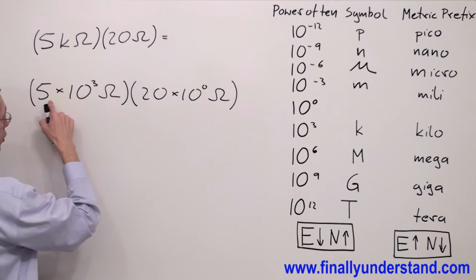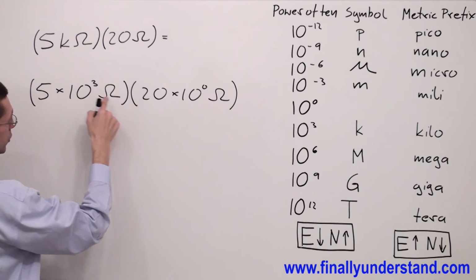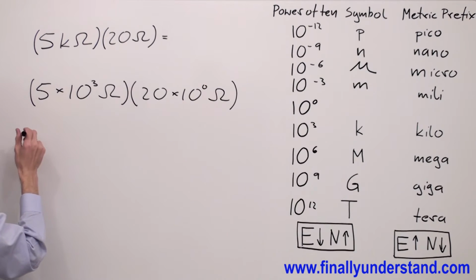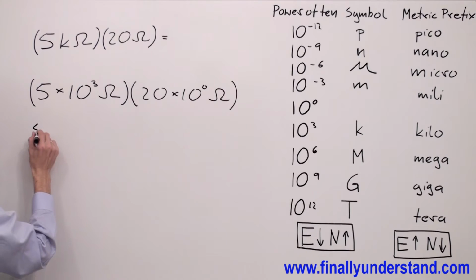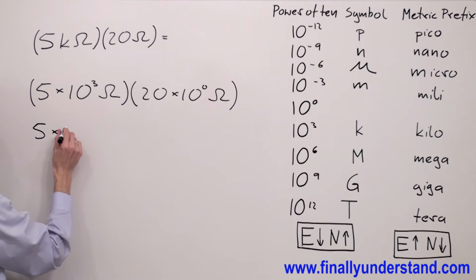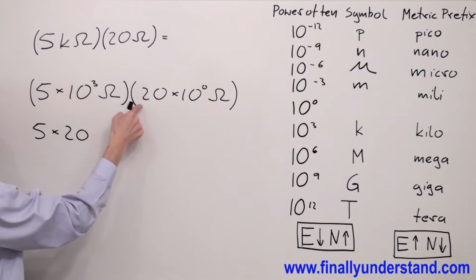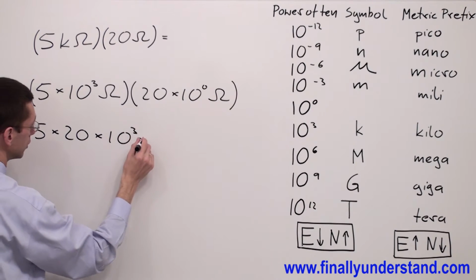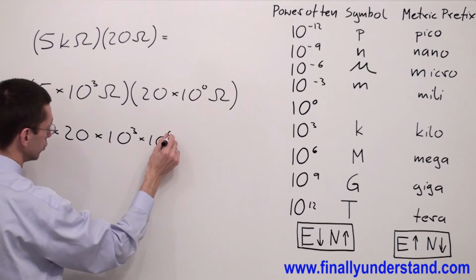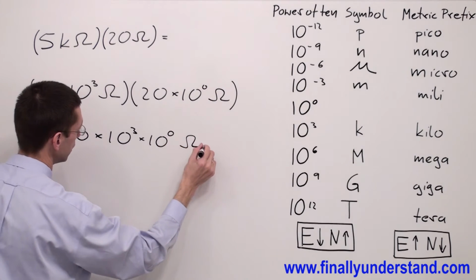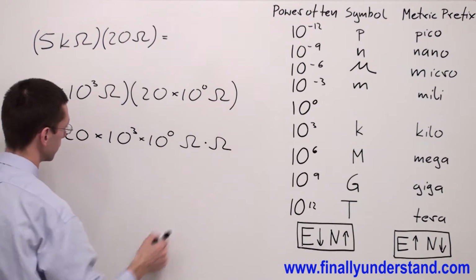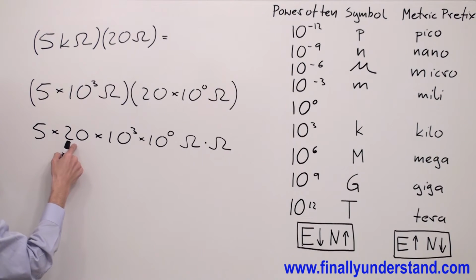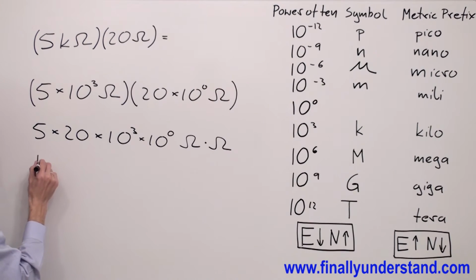Because I have multiplication over here, I can take off the parentheses and rewrite this problem as 5 times 20, times 10 to the third times 10 to 0, and ohm times ohm. 5 times 20 is 100.